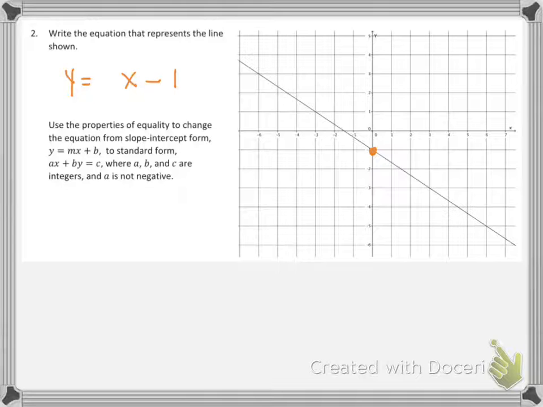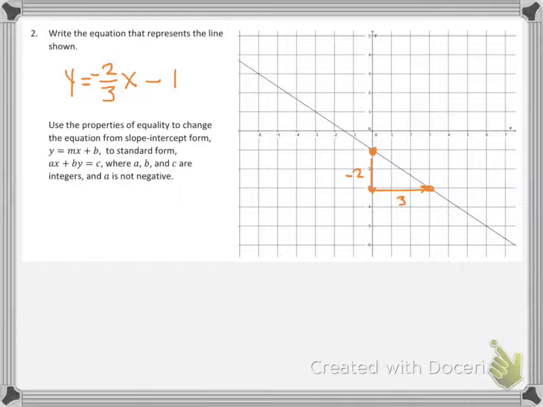And then I just need the slope. So I need another point that crosses an intersection. There we go. So this is down 2, and then right 3. So that's a negative 2/3. So my slope is negative 2/3. Y equals negative 2/3 x minus 1 is the equation for that line.